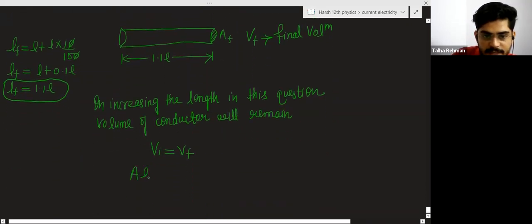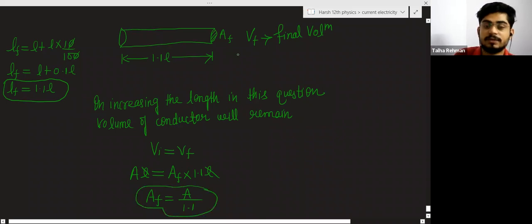Initially this is A into L. Finally, area is A final and length is 1.1 into L. So L and L cancel out, and we have A divided by 1.1. This is the final area of this conductor after stretching the length by 10%.